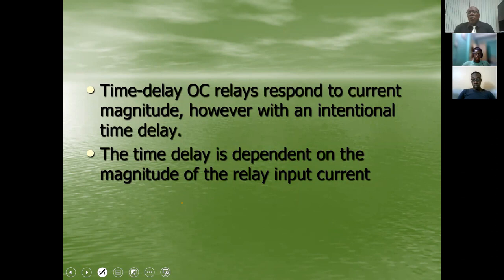All right. So you have one which is instantaneous. Once you go above threshold, it operates. You have one which has a specific time built in. But then you have a third, which is where, depending on the magnitude of the current above the tap, you'll get a certain time. So if it is many times higher than the tap, it will operate extremely fast.